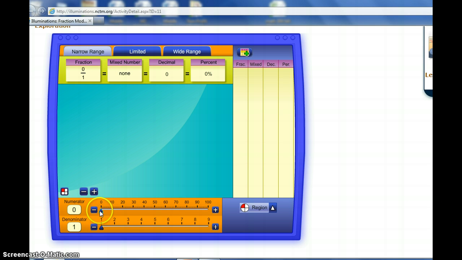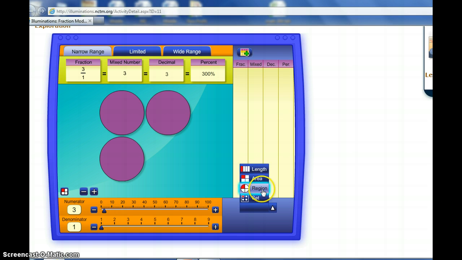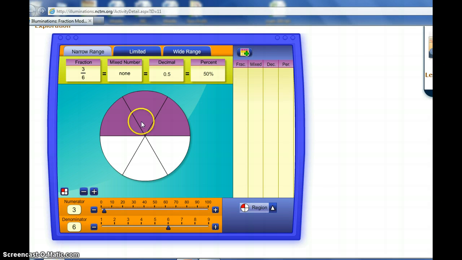So if I make my numerator, I might have to reset it. Let's say 3. I don't know why it's doing that. And then the denominator, let's say 6. Okay, then I can see there's 6 equal parts and 3 of those are shaded.